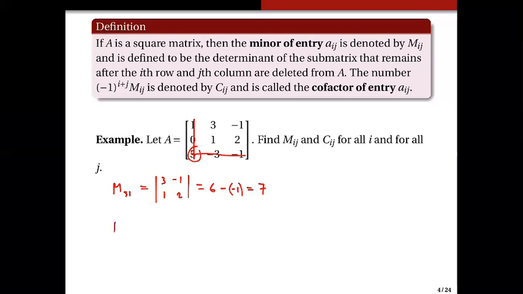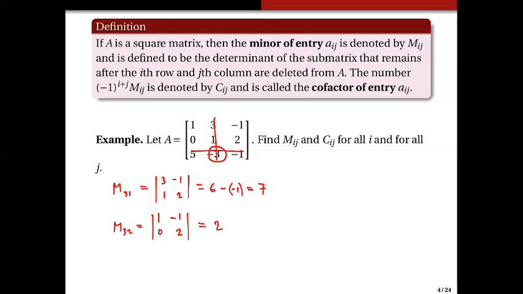M32. This is the 32 entry, third row, second column. So we delete this row and this column. We will only have the determinant of 1, -1, 0, 2, and the determinant is just equal to 2.